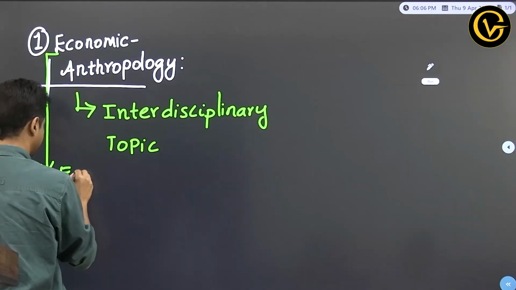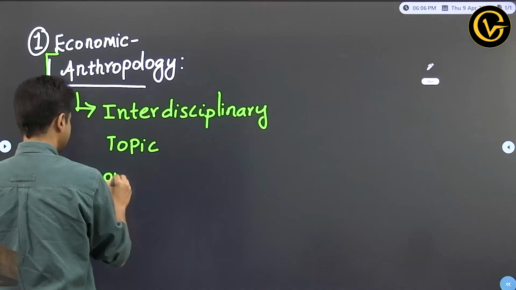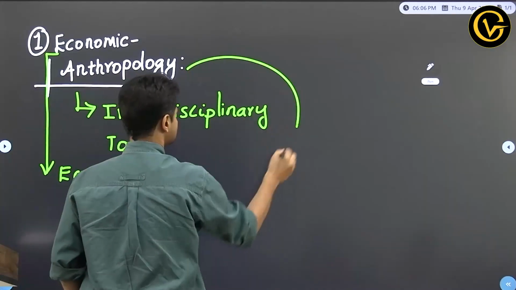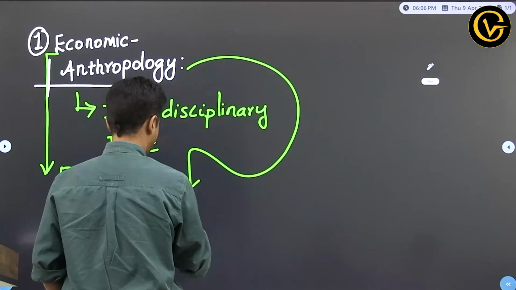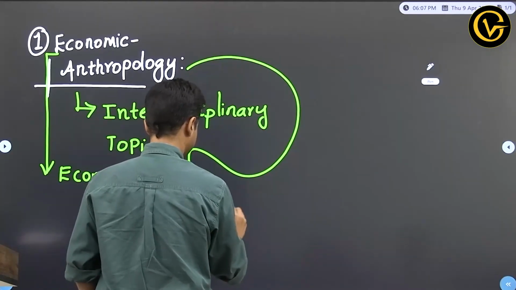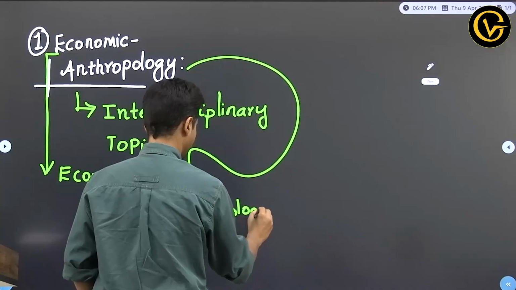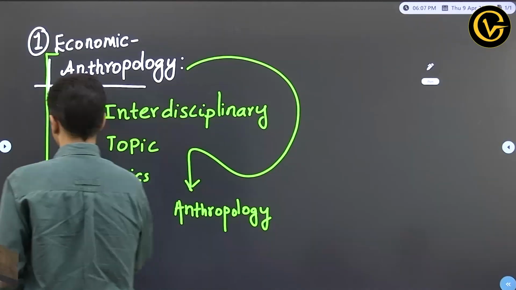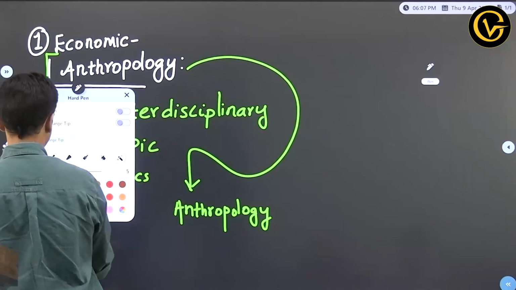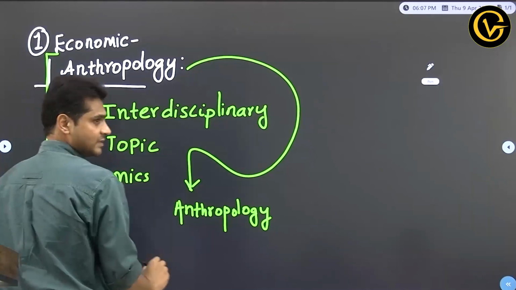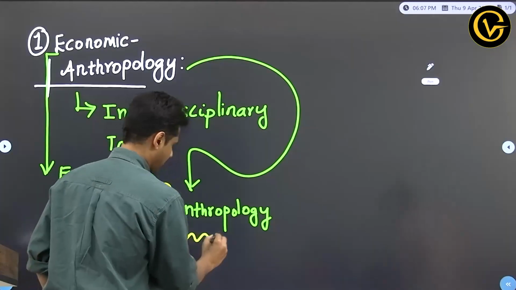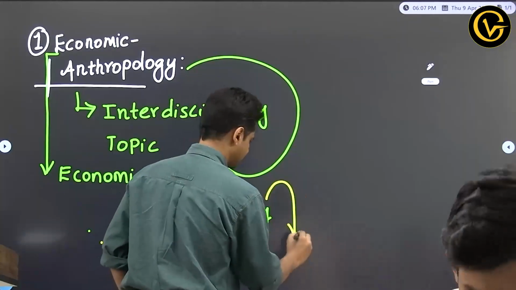One, economics; two, anthropology. By this time you all would have got at least some understanding of what anthropology does, isn't it?